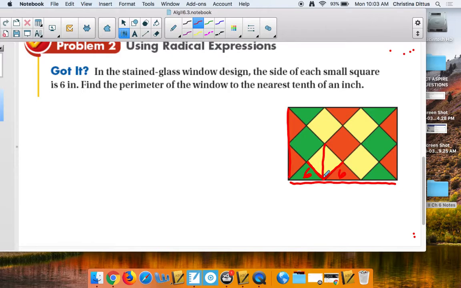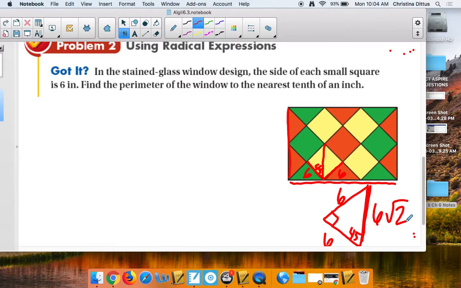The whole thing is 90, so half of it would be 45, right? So if I got 45 here, let's blow this up. My corner we said is 90. My sides are each 6, so what does this length have to be? 6 square root 2. Very good.